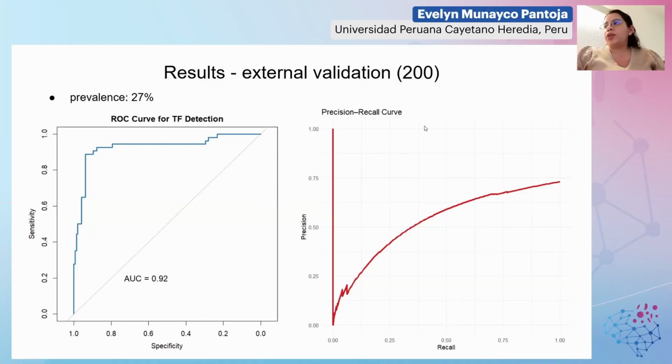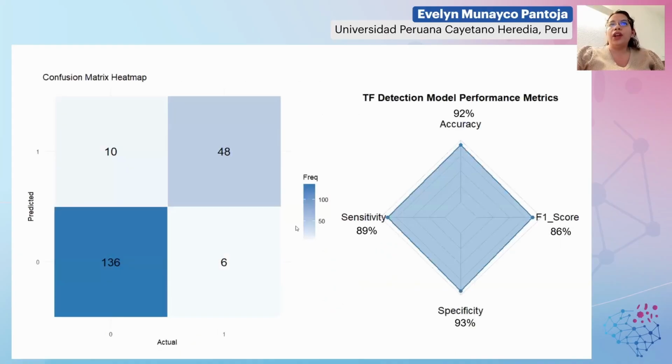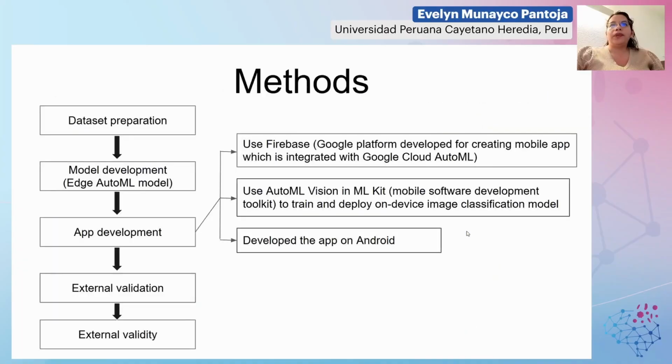This is a precision-recall curve. The precision shows strong model performance for detecting TF. This is the confusion matrix heat map. It shows that the model correctly identified 48 of 54 TF-positive images. And this is the TF detection model performance matrix with accuracy, sensitivity, specificity, and F1 score.